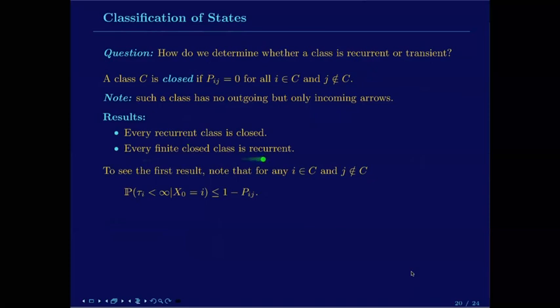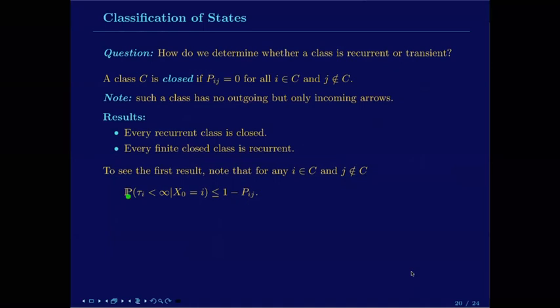So this is a more mathematical idea of showing that every recurrent class is closed. We know that this probability here equals 1 for a recurrent class. And it is upper bounded by 1 minus P_ij, where P_ij is a transition from a state i to a state j outside the class.